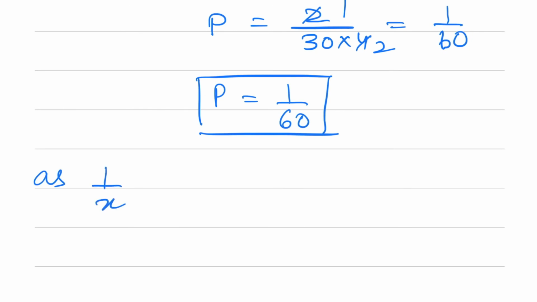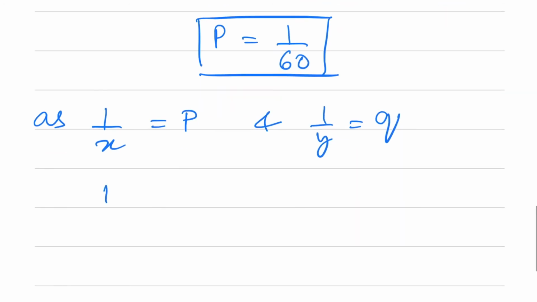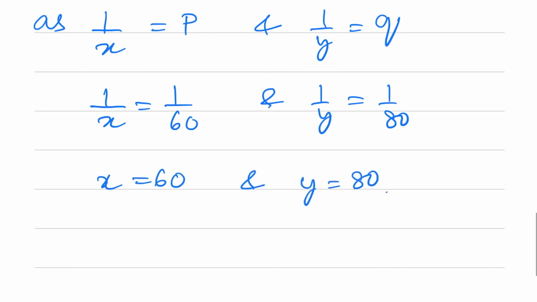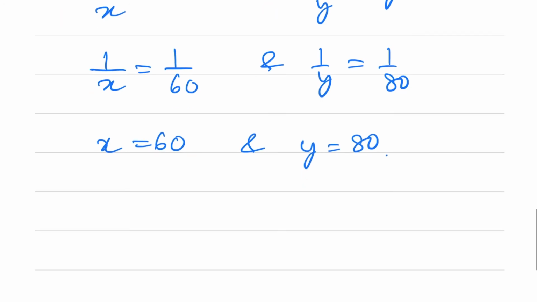As 1 by x we took it as p, and 1 by y we took it as q. So 1 by x is equal to 1 by 60 and 1 by y is equal to 1 by 80. So x is equal to 60 and y is equal to 80. Now these are the speeds we assumed. So now let's write down the answer.